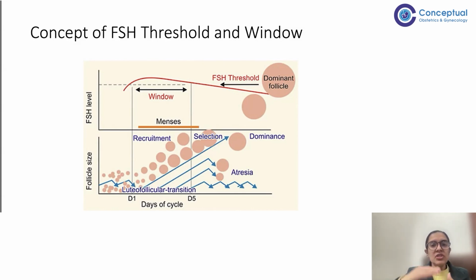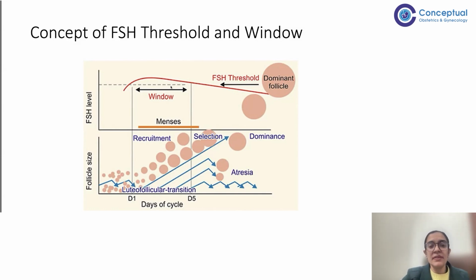The others, which had a higher threshold and required FSH for a longer time, they lose it. They have lost the bet, because they needed FSH for more time and at a higher level, but once one had already taken dominance, FSH started to fall. Okay, so the others will undergo atresia. So this is the concept.